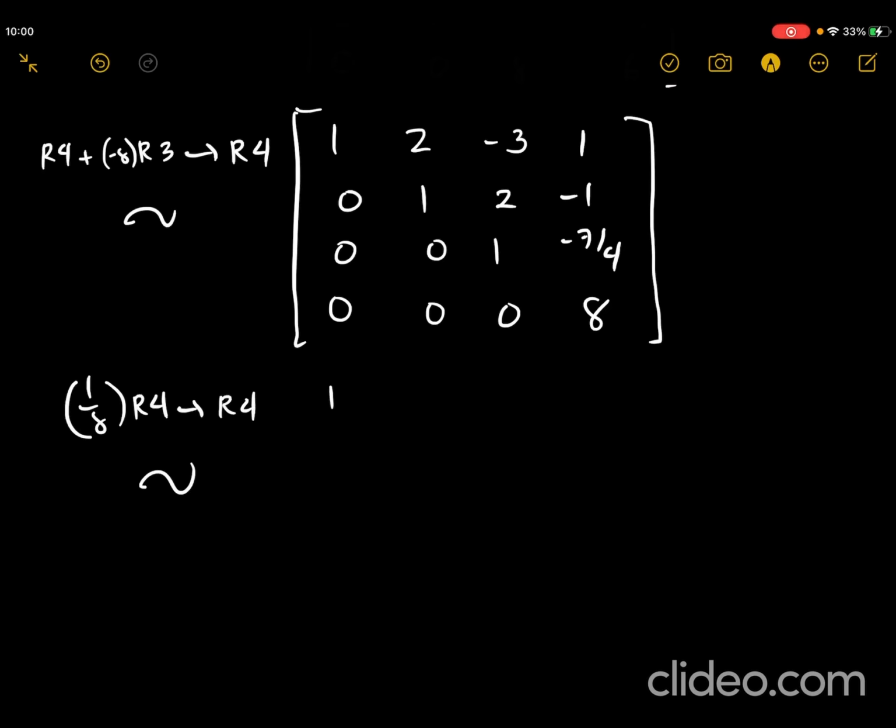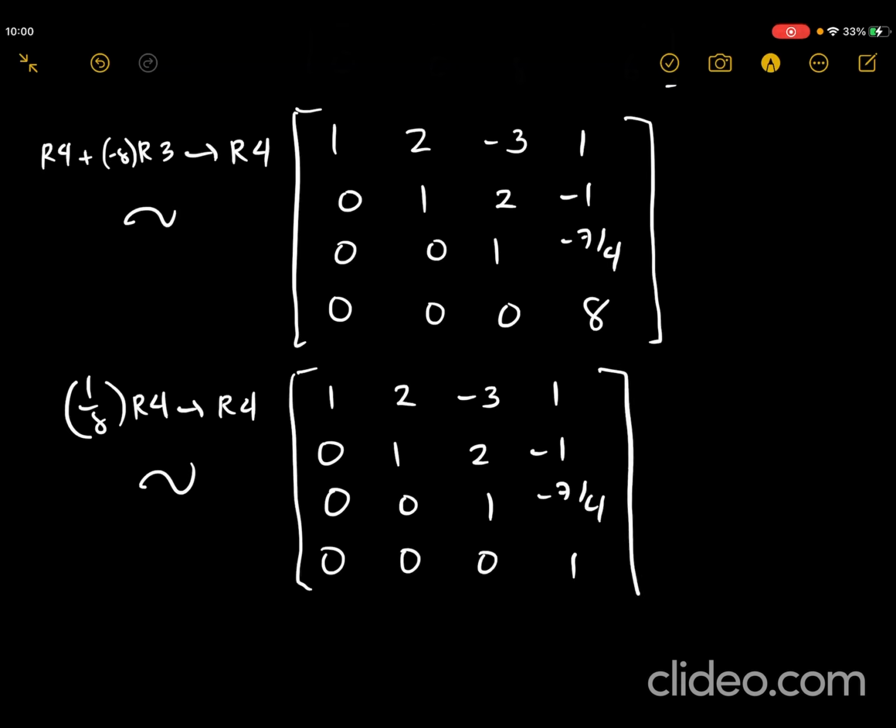And so we will obtain a matrix in row echelon form that is row equivalent to A. So this is a row echelon form for our matrix A.